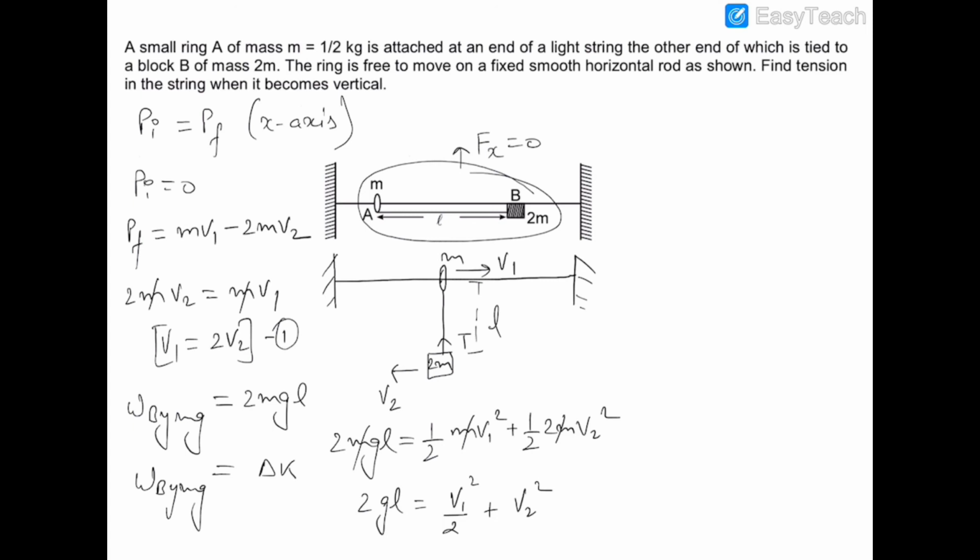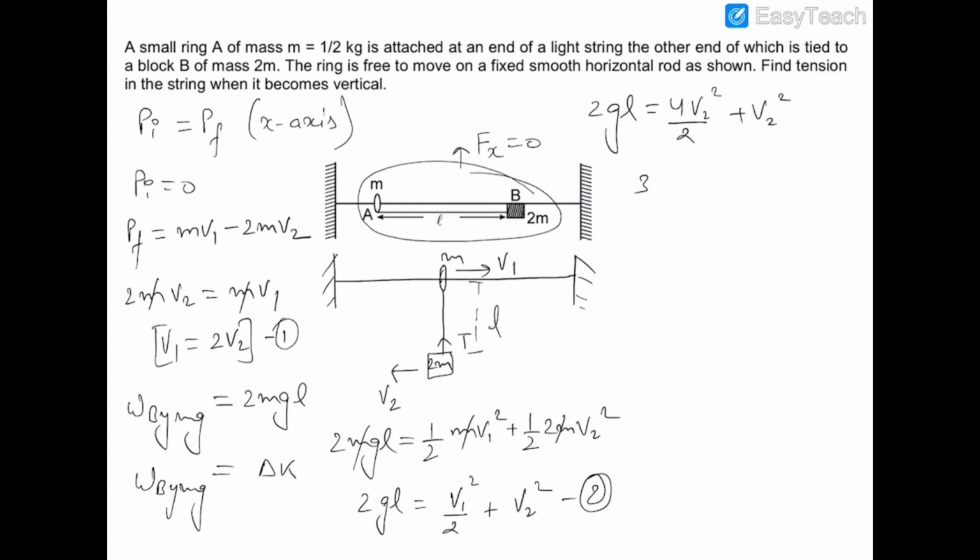Okay, now we know from the first equation that v1 is equal to 2v2, so we can substitute these values in equation 2. So 2gl is equal to, substituting the value of v1, 4 v2 square upon 2 plus v2 square.